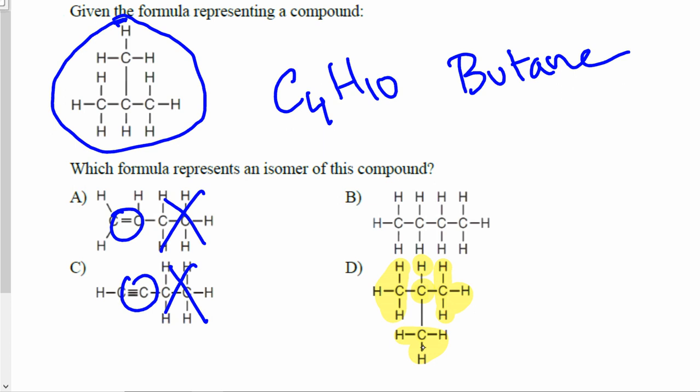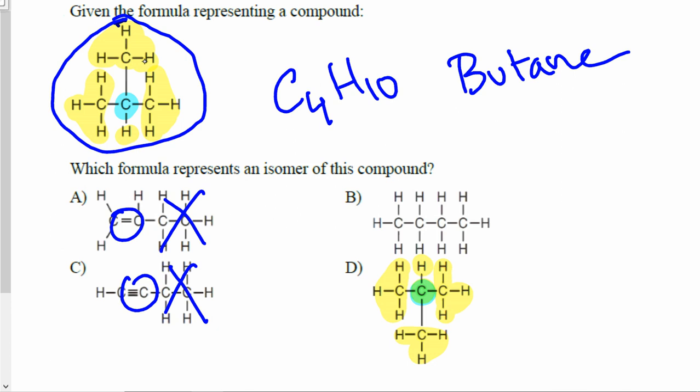It seems like 1 carbon, which is in the middle, surrounded by 3 groups of methyl group and 1 hydrogen. If you notice this carbon, it is exactly the same as what we have over here. This carbon, the blue carbon, is surrounded by 3 groups of methyl group and a hydrogen.